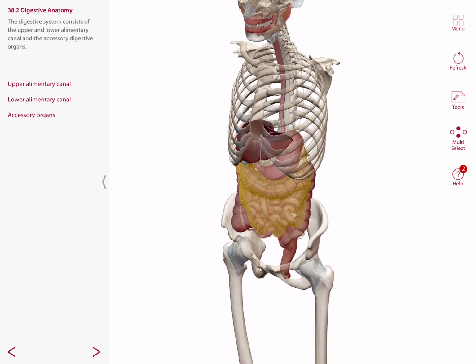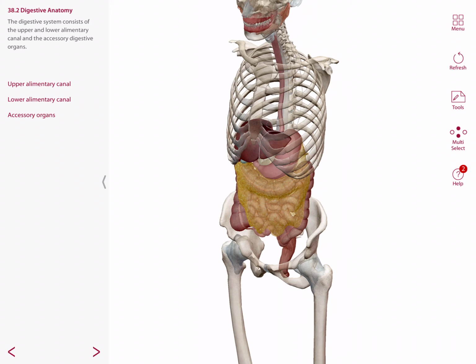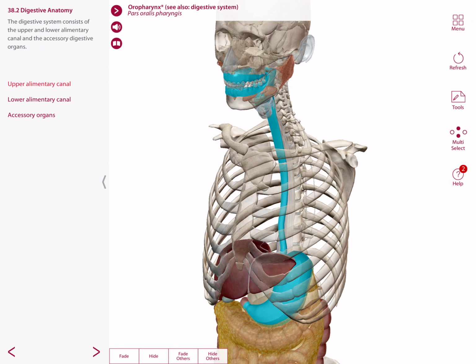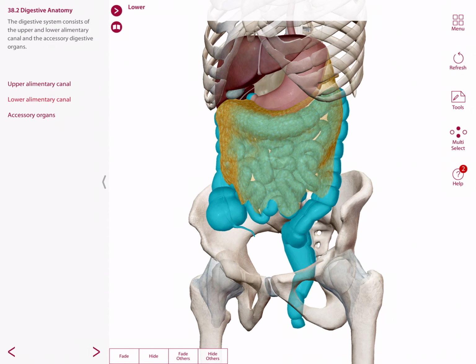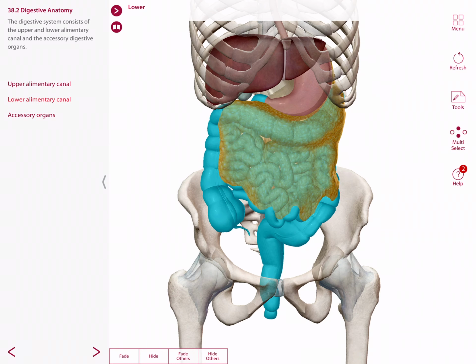We're going to talk about the two separate regions. We break the digestive tract into upper and lower, and when we refer to the digestive tract, we call it the alimentary canal. So we have an upper alimentary canal, and then we also have a lower alimentary canal. This division takes place at the inferior portion of the stomach.